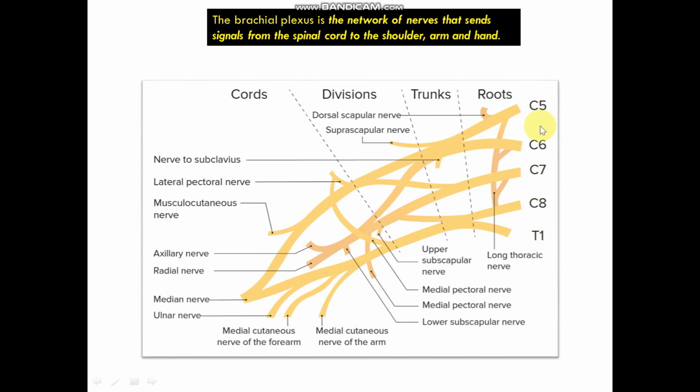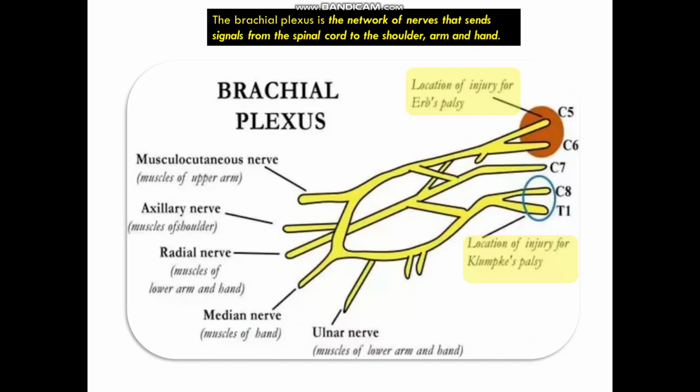So there are 4 cervical roots and 1 thoracic root. These two together are called the upper ventral rami of the brachial plexus, and these two are called the lower ventral rami of the brachial plexus. So the upper ventral rami are the location of injury for Erb's palsy, while the lower ventral rami are the location of injury for Klumpke's palsy.